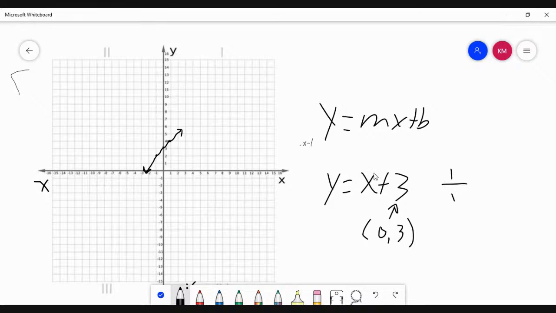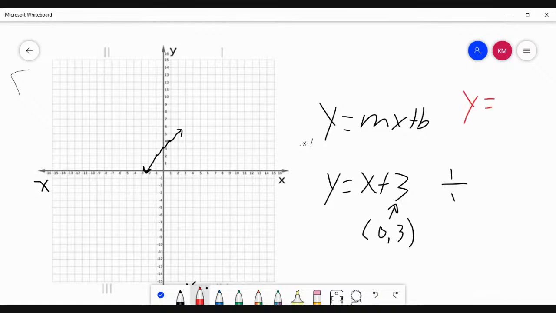If it's plus 3, it'll be positive 3. If it's minus 3, it would be negative 3. And when your slope is positive, you're going to go up 1, right 1, or down 1, left 1.